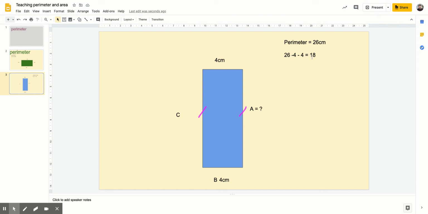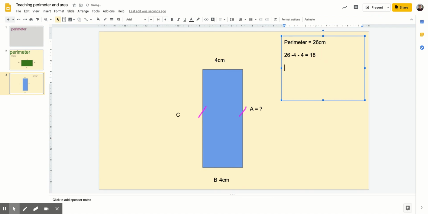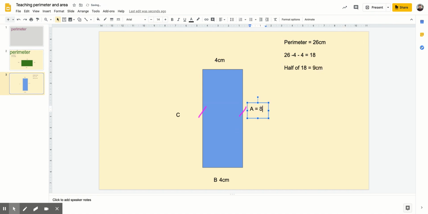So if I halve 18, I will find out what C and A are each individually. So half of 18, divided by 2, equals 9 centimeters. So I know that A equals 9 centimeters, and I know C also equals 9 centimeters.